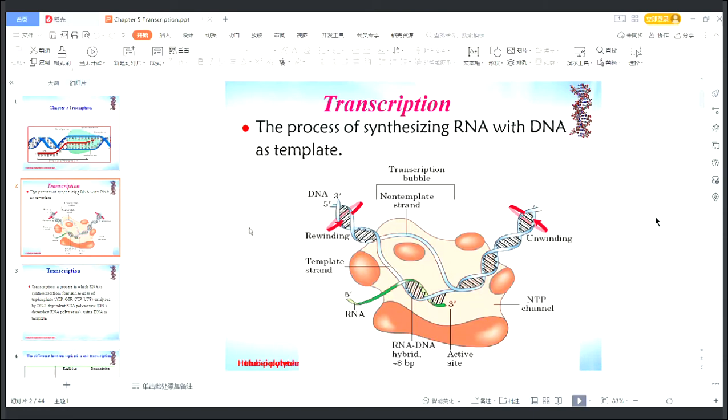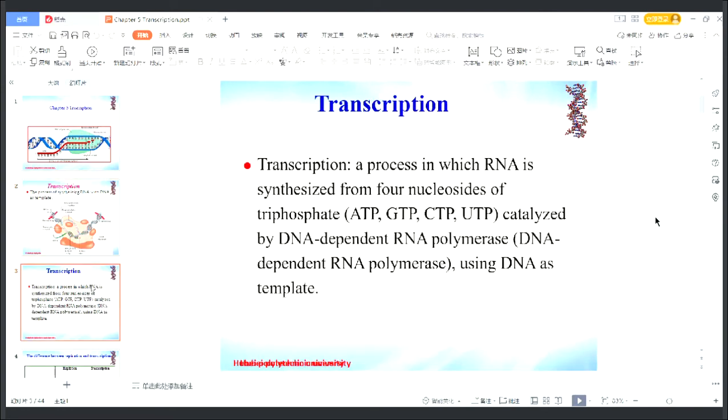To simply summarize the transcription: it is the synthesis of RNA with DNA acting as the template. In fact, here is the clear definition of transcription.